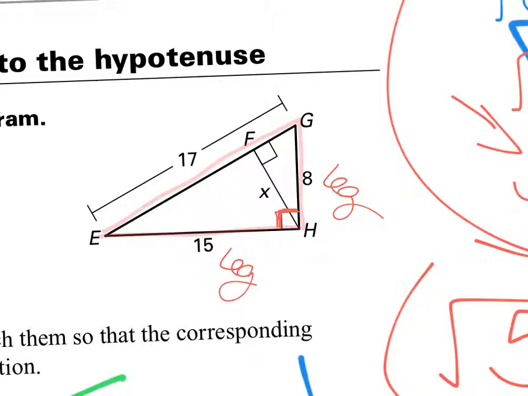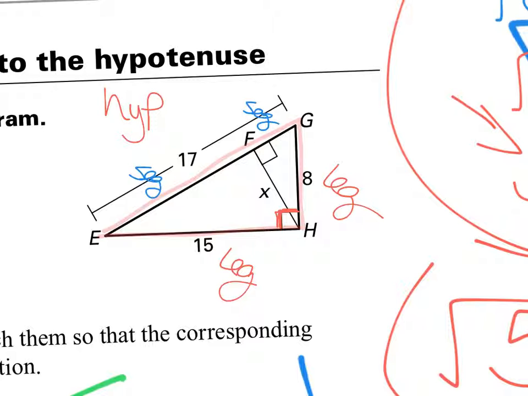So these are the legs. The hypotenuse is the hypotenuse of the original large triangle. Then the segments are the two little pieces that the altitude, when it was dropped down, creates. So it's the two pieces of the hypotenuse.